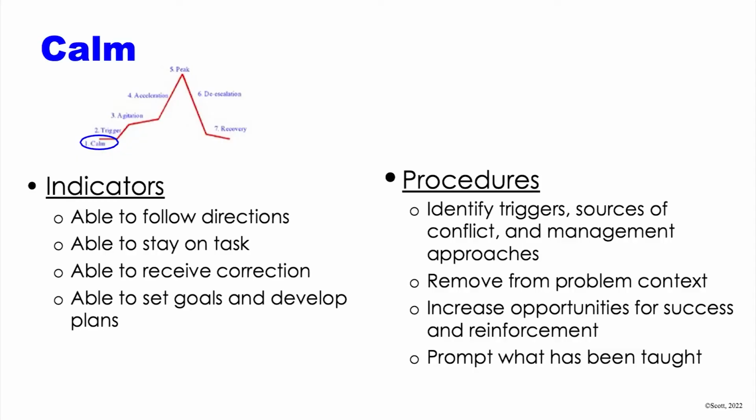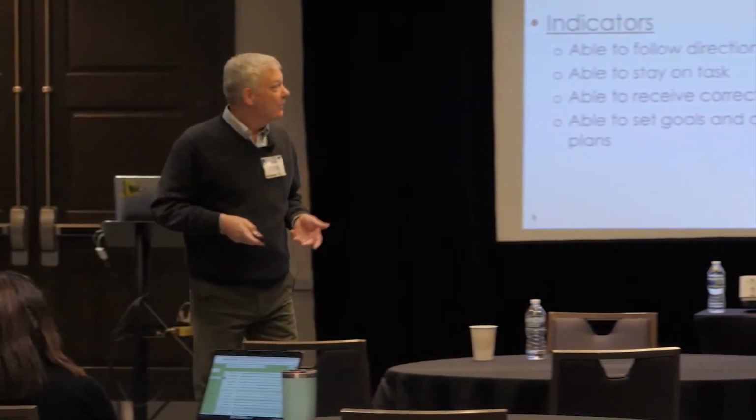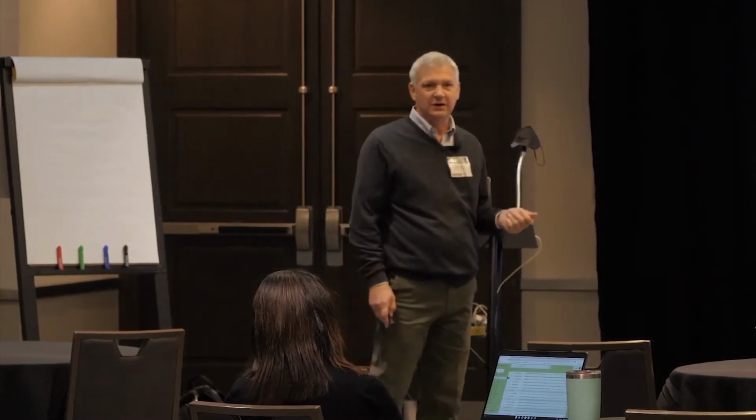We'll start with calm. This was our favorite. When they're calm, they can follow directions, they can stay on task, they can receive correction, and they can set goals for what they're going to do in the future. We like it when all of these things are there. So when kids are in the calm, take advantage. That's your teachable moment. Provide instruction.